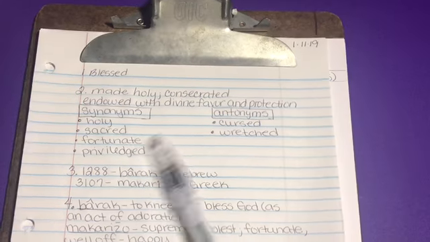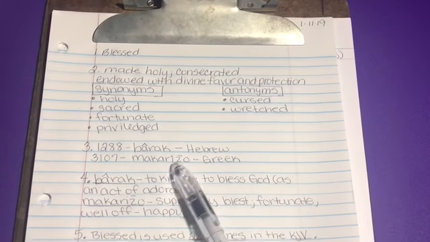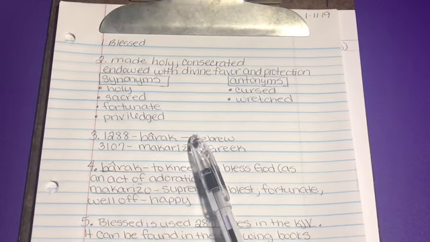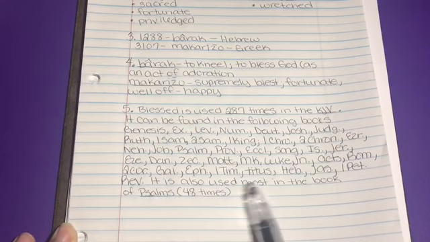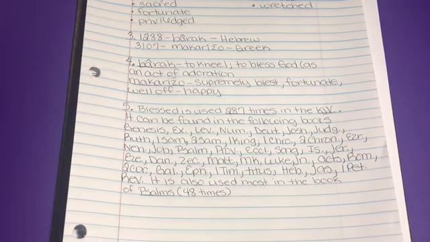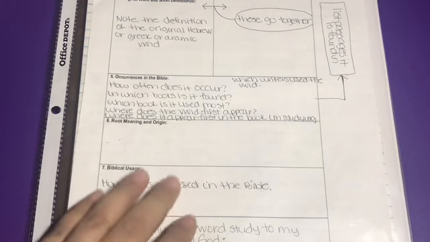You have the word, the English definition, then you have the Hebrew and Greek word. You have their definition, and now you're starting to break down the usage. So the next part is, where does the word first appear?